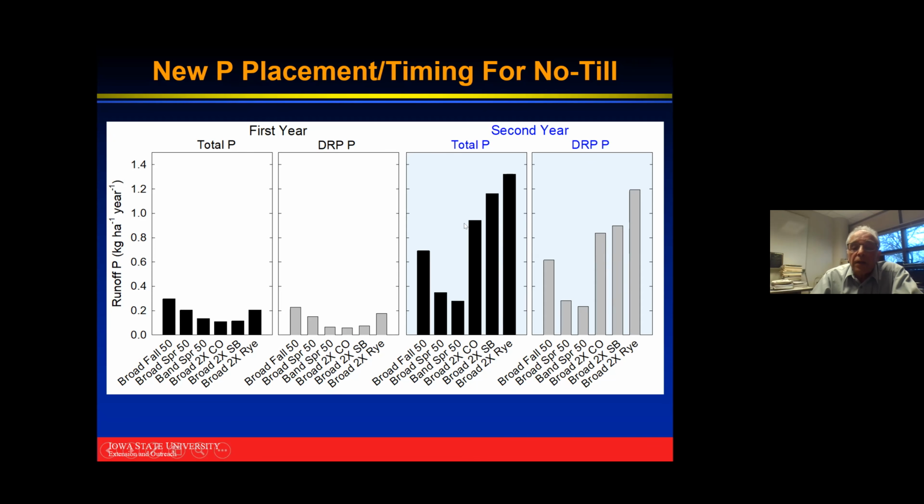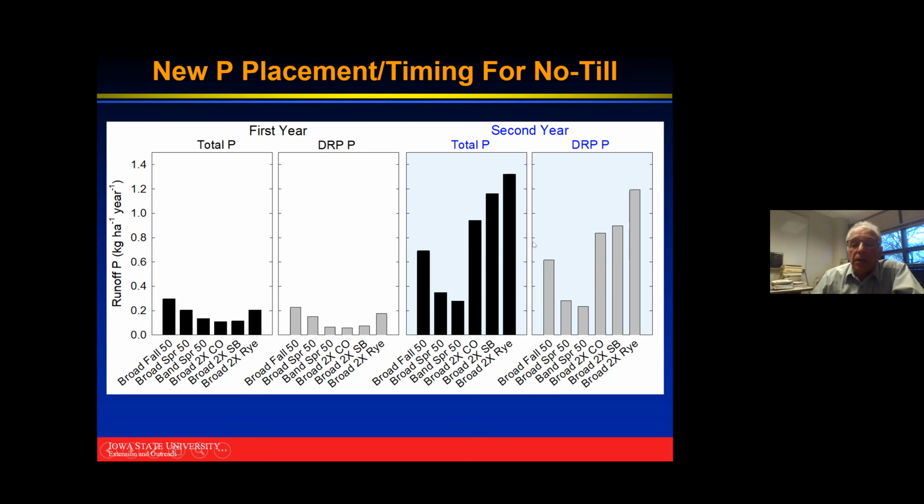Now, in the second year, there is some larger difference. There was more runoff. And the big thing is that the spring broadcast or the spring banded were the lowest P loss treatments and were the same for the dissolved P. Now remember, this is all no-till.